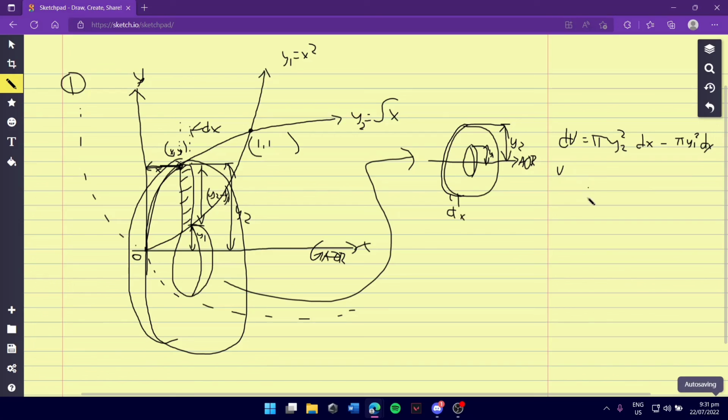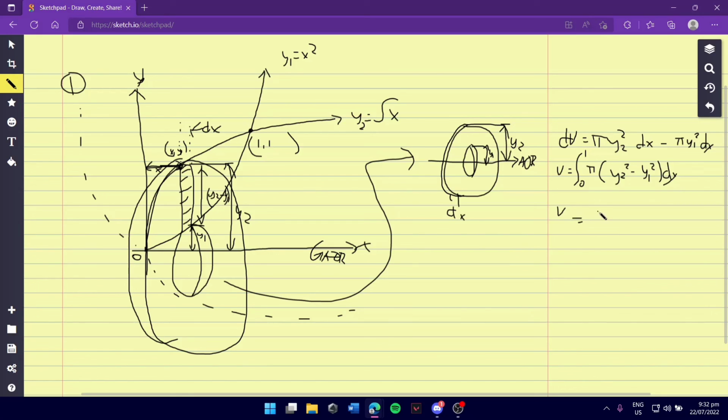Integrating both sides, you have the integral of V equals the integral of pi, by the way, from 0 to 1 because our intersections are (0, 0) and (1, 1). Since pi is common, we take that out, and put y2 squared minus y1 squared, then multiply it by dx.